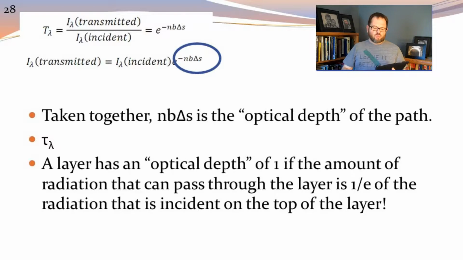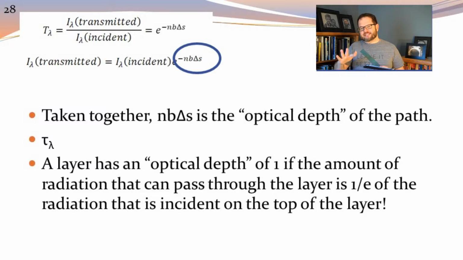It's defined in such a way that an optical depth of 1 means that the radiation that passes through the layer is 1 over E of the radiation that was incident at the beginning of the layer. E is that Euler's E, it's 2.73 something or whatever. Think of it as being 1 over that, it works out to about 30%. But it's just a number. It's kind of like half-life. Half-life is like how long a material will last before half the atoms have broken down.